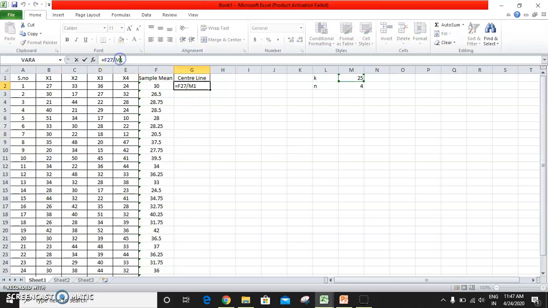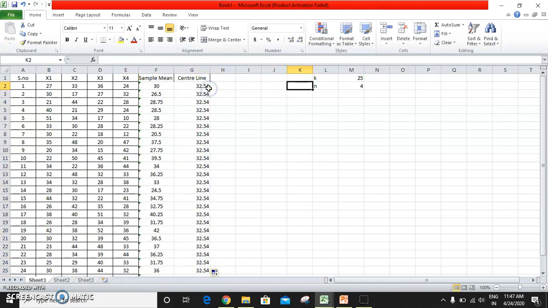And because the value of K is not going to change, we are going to put a dollar sign in front of the cell number so that the value will be standardized for the rest of the observations.